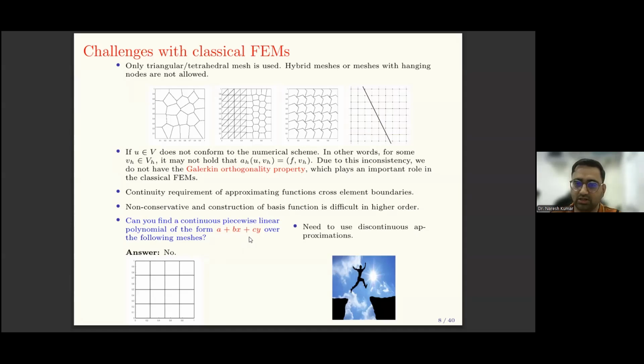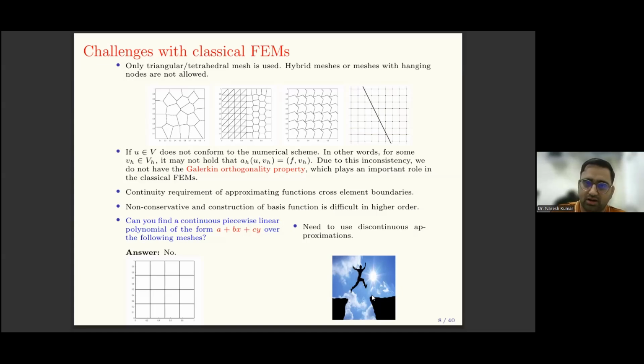So if you use this polynomial on a rectangular mesh, one vertex is always free, and that may cause problems in continuity. So for this type of function on a rectangular mesh, we have to use a discontinuous approximation like this. But if we use discontinuous approximations, there is a problem: when you join two elements, there is a jump. So you have to handle that condition also.